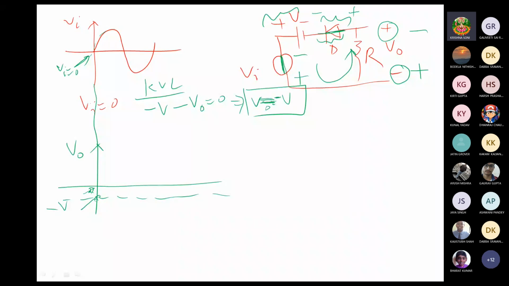Now our input is, say, increasing, and as we have already discussed, if Vi is just equal to V, we can also draw this boundary here, which I removed earlier. So this is for comparison with the input. Okay.